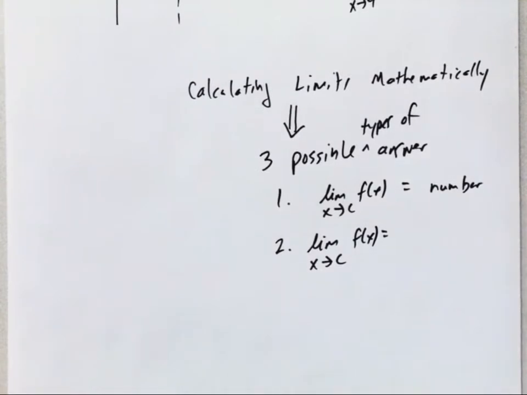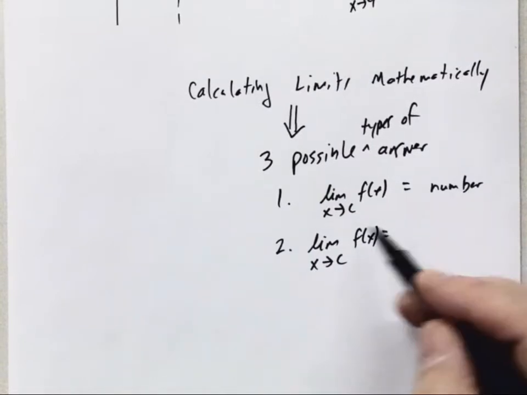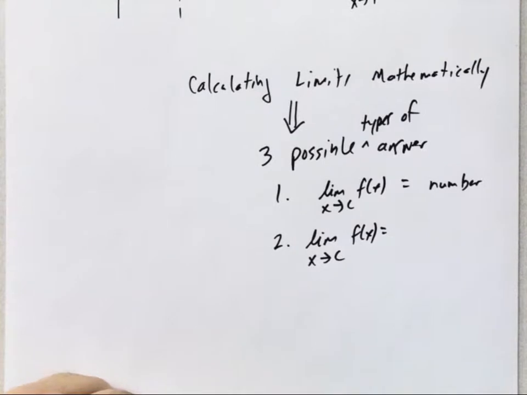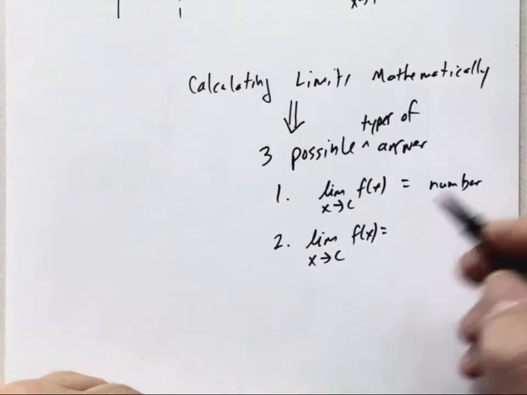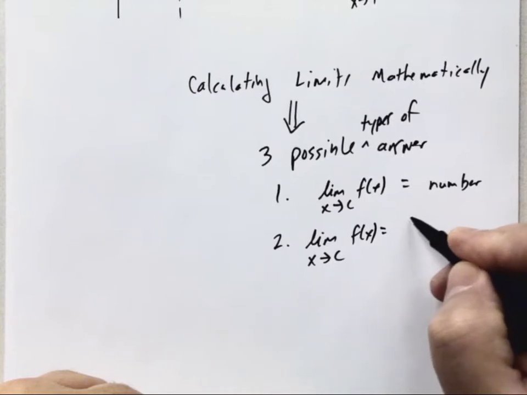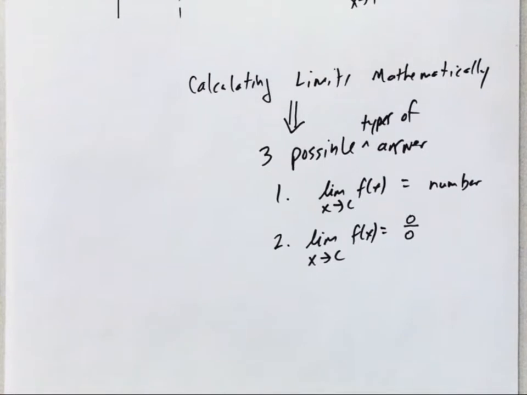Here's the second thing that could happen, and you won't understand this right now until I do some examples, but just roll with me on this. This one, you get a number, very straightforward. This one, you actually start to do the math, and before you know it, you end up with this sort of funky situation where your function is like a fraction, and you start to evaluate the limit mathematically, and you end up with a case where you have 0 divided by 0.